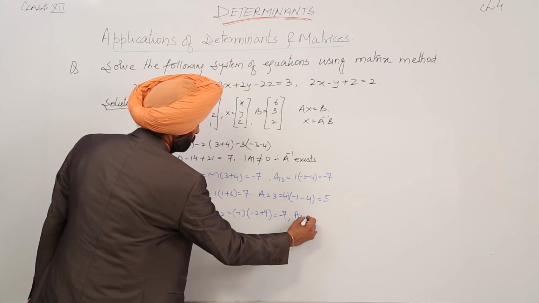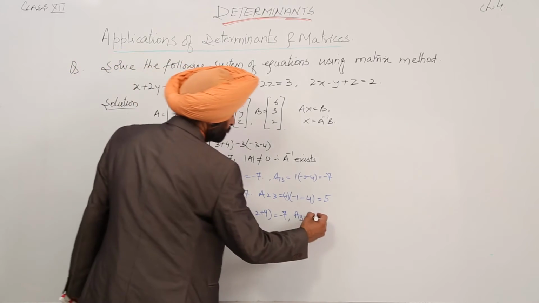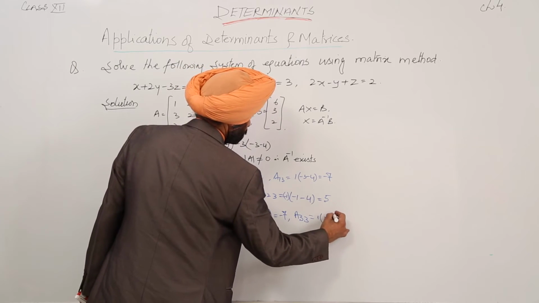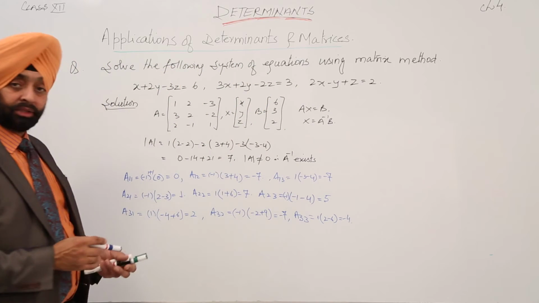And A33, the last one, is 1 with 2 minus 6, this is equal to minus 4. Okay, so here are the cofactors.